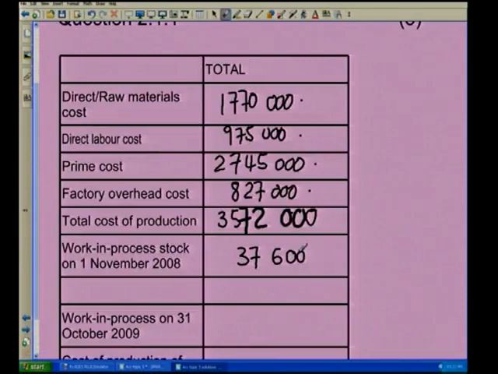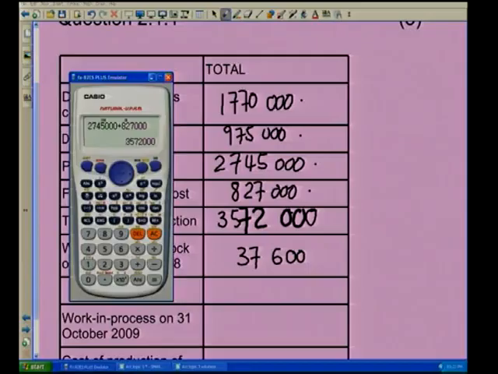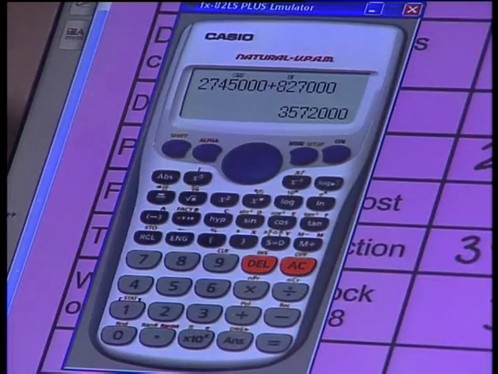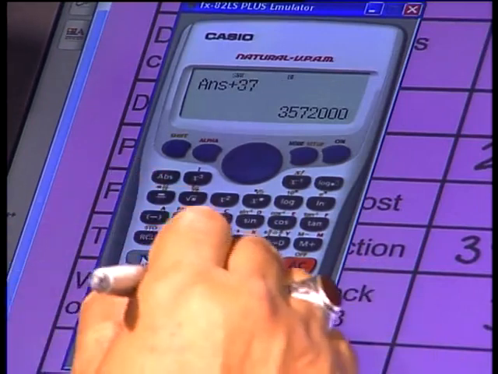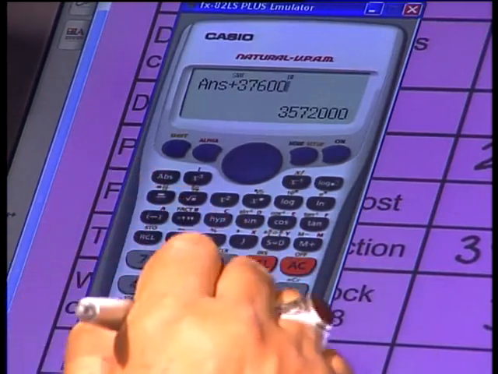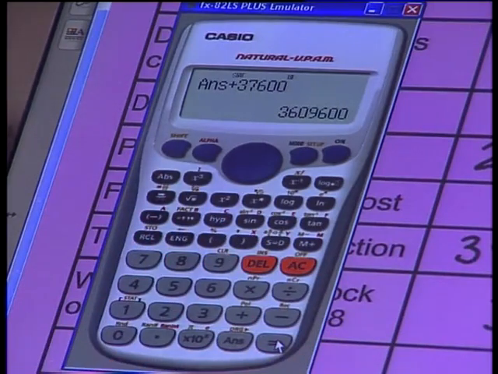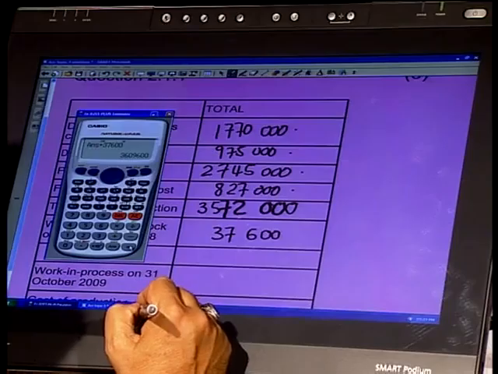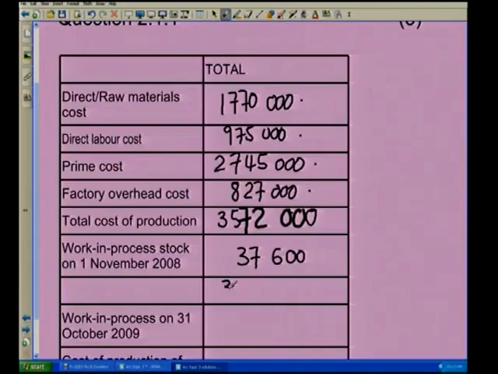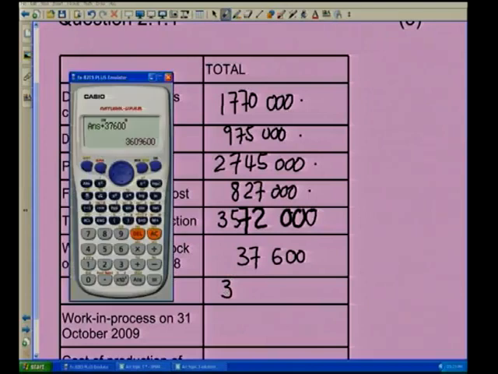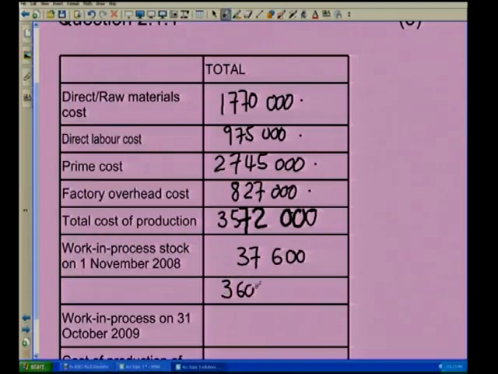Okay. What was the figure? Let's go back to it. Work in process, 37,600. What do I do? I add these two figures together. Let's go. 3,572,000 plus 37,600, which is equal to 3,609,600.